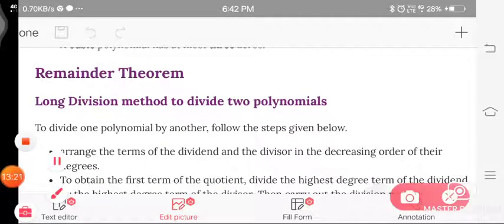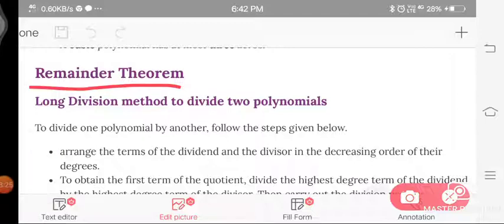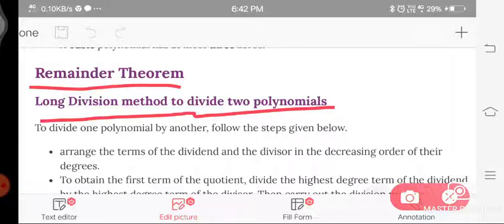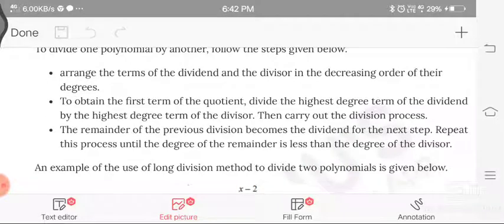So now we discuss the remainder theorem. What is the remainder theorem? Or the long division method to divide two polynomials. Now we discuss what is the remainder theorem and the long division method. So firstly, long division. To divide one polynomial by another, follow the steps given below. Arrange the terms of the dividend and the divisor in the decreasing order of their degrees.